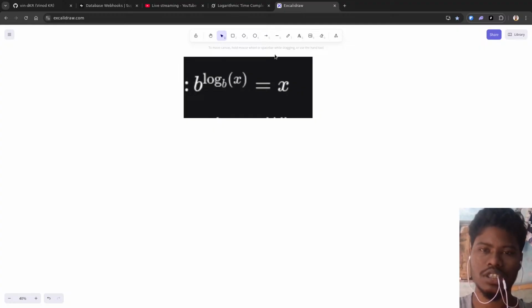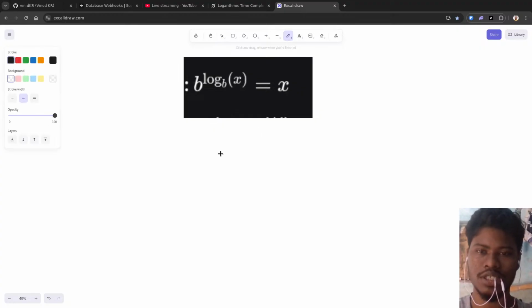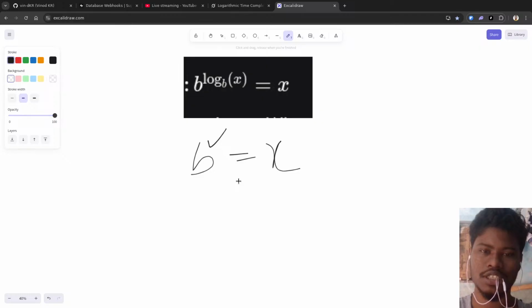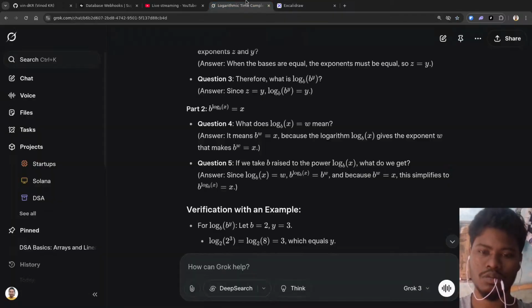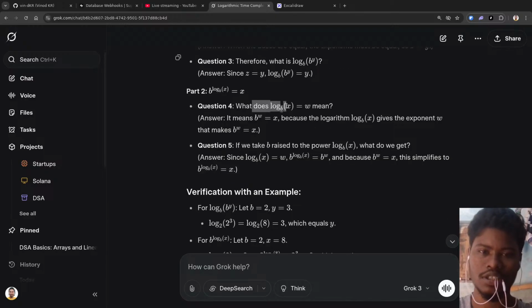What can I do here? That means p raised to the power something is equal to x, for the power. So what is happening here? What does log p mean? Some power. The power is w. This means p to the power w is equal to what?